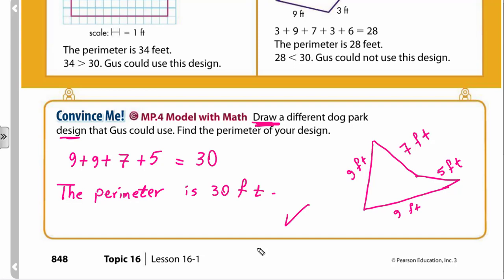You may try to draw another design using other sides or other lengths, but make sure that it's 30 or more, so at least 30.